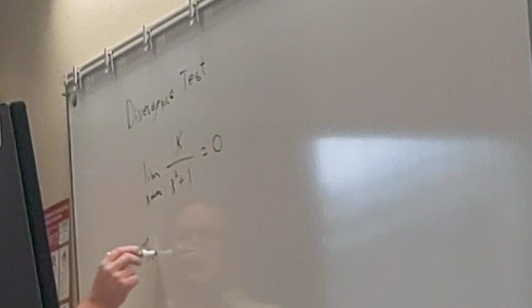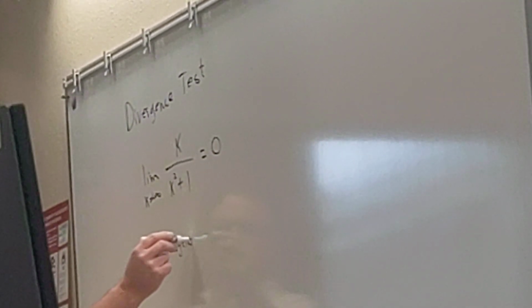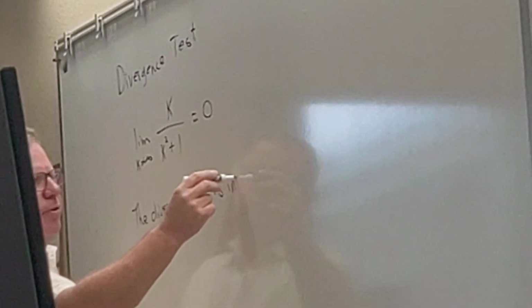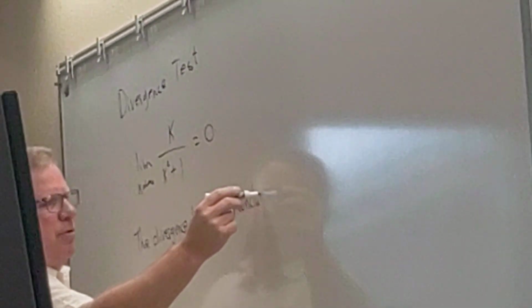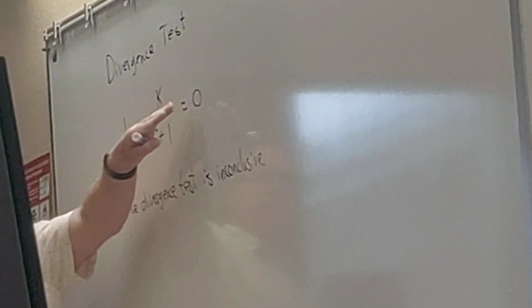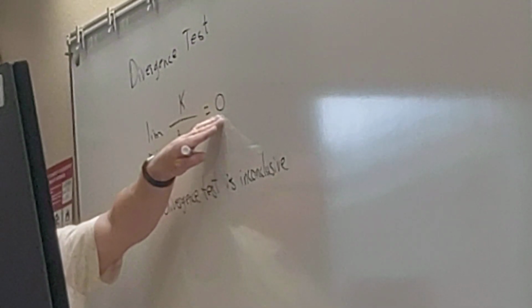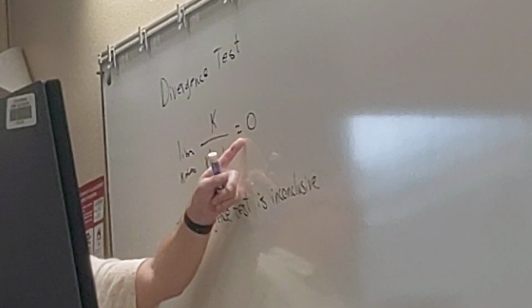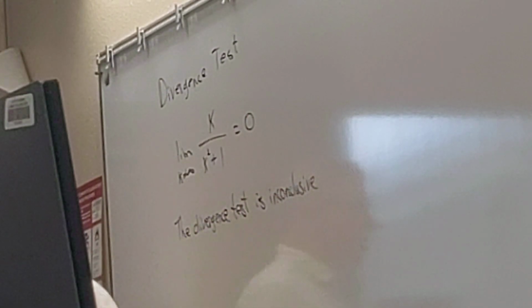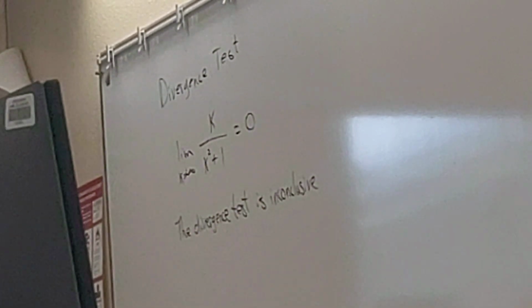When that happens, the divergence test is inconclusive. If that had gone to a number different than zero, we would have said this diverges. But because it goes to zero, the divergence test is inconclusive, we don't know anything.